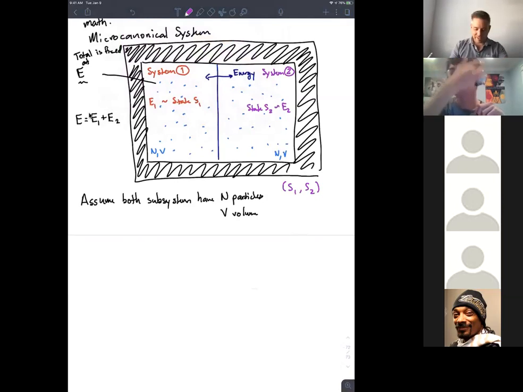Okay, very good. So now you can see that because of this assumption, that E1 and E2 have to add up to this fixed constant value of E, E1 and E2 are coupled.